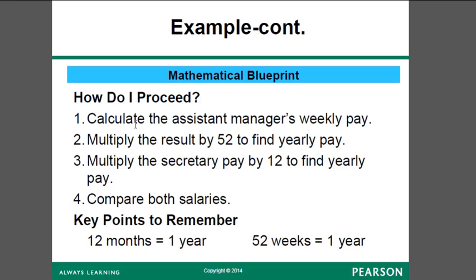So the manager's weekly pay was $14 per hour. $14 for 40 hours a week would come to $560 for 1 week. And then I need to multiply that by 52.